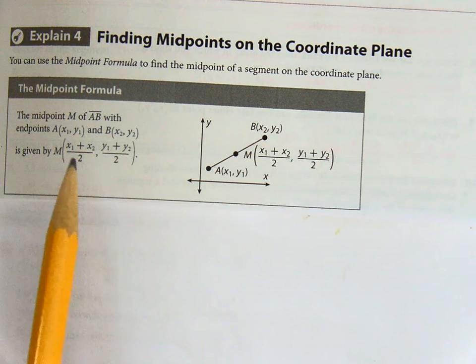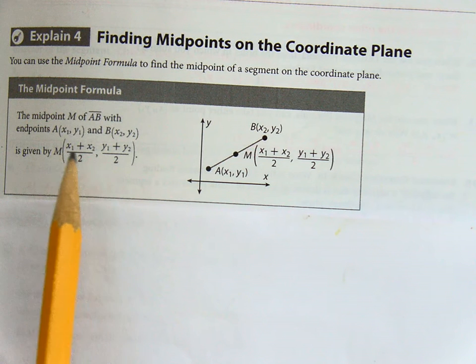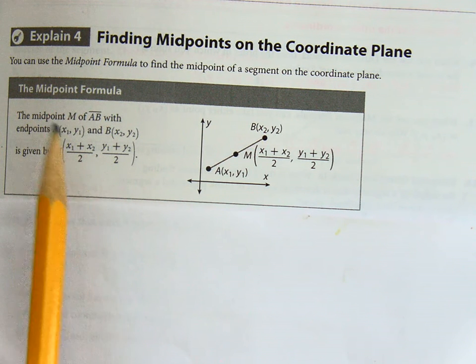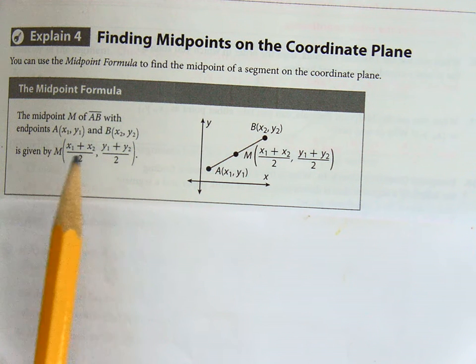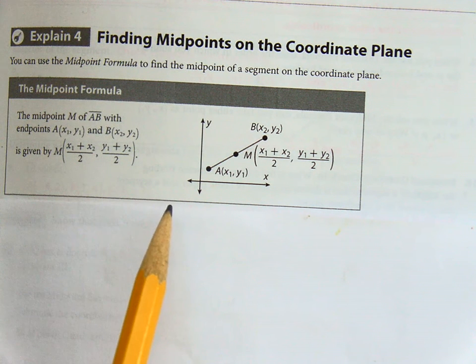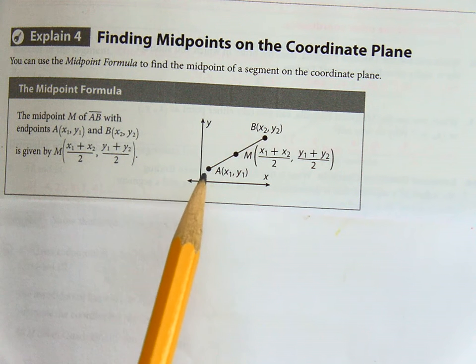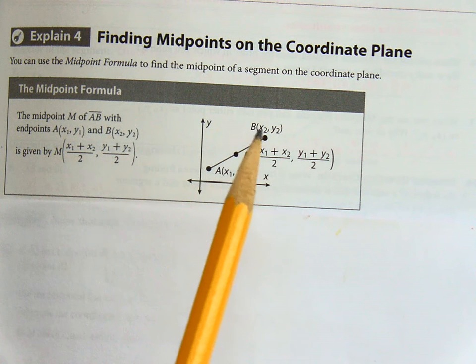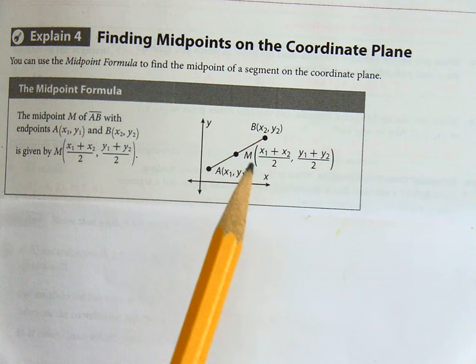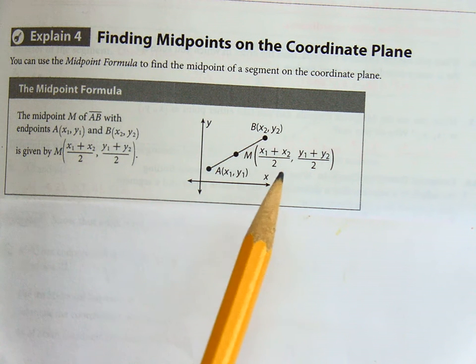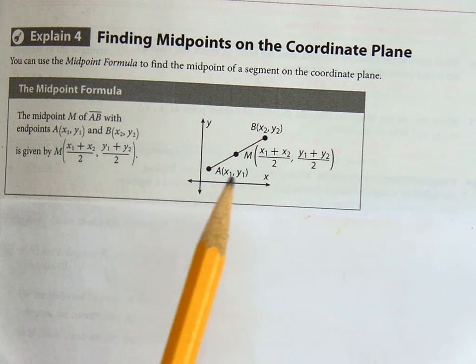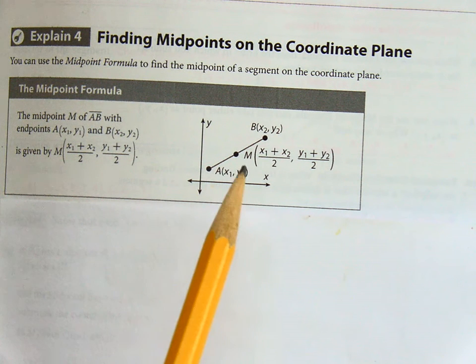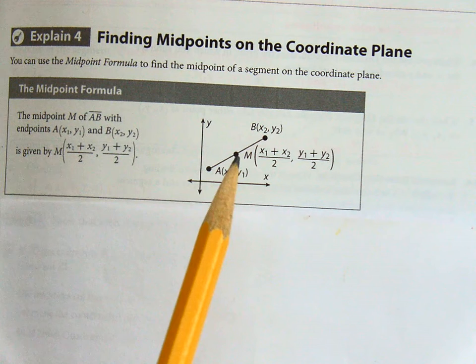So what you'll notice here, the way to think about it is something in the middle, midpoint, we're going to be using the average technique. And if you average something, you add everything up and divide by how many there are. Well, if we're averaging between 2 points, then we're going to divide by 2. So if we want to find the middle of our x coordinates, we're going to find the average, which is add them up and divide by how many there are, aka 2.